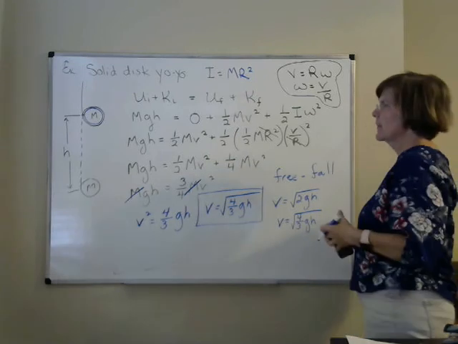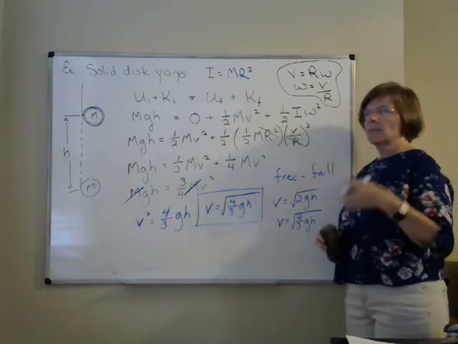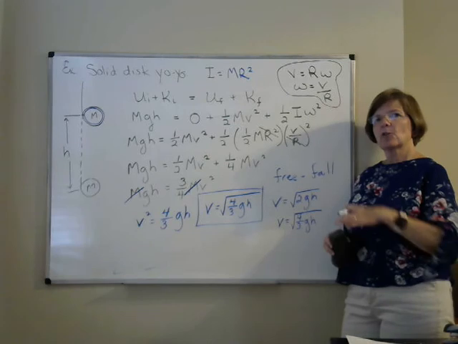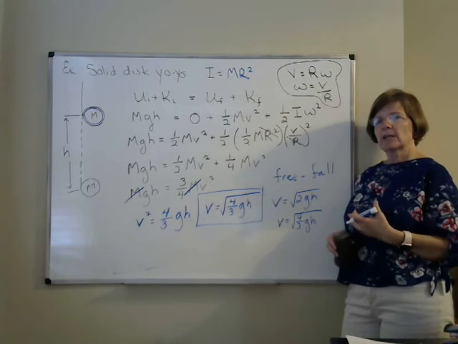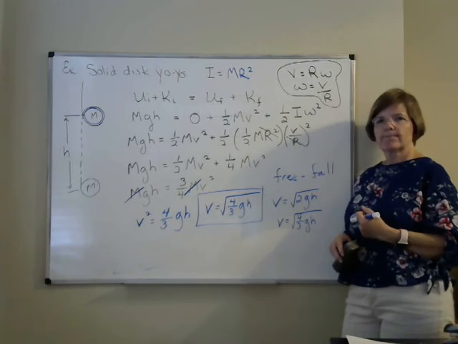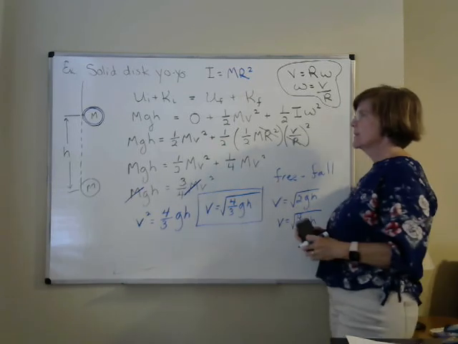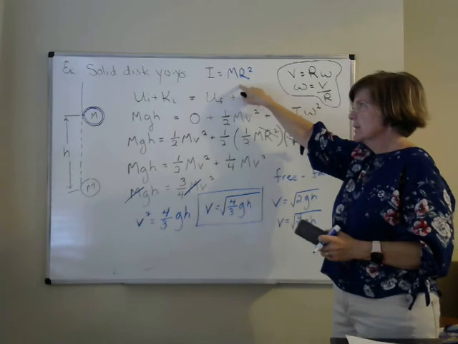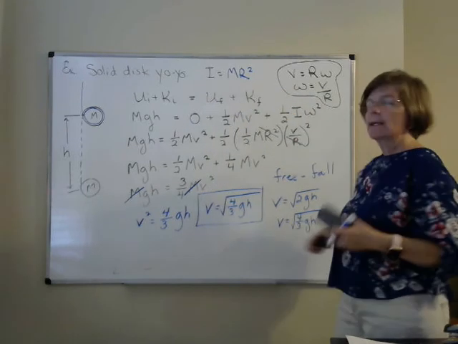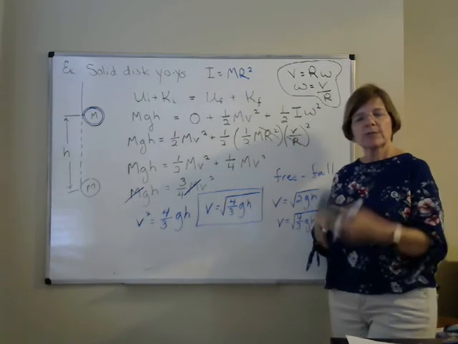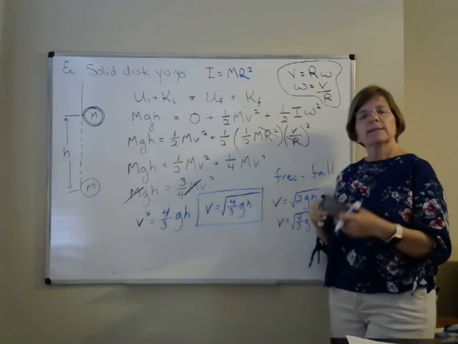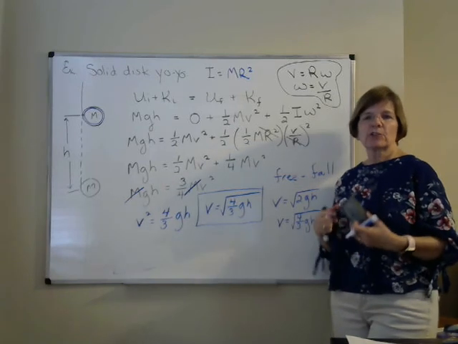Now let's stop and think. Would we expect a hollow cylinder that has a larger moment of inertia to be going faster or slower? All my instincts say that if the moment of inertia is larger, that means more kinetic energy has to go into rotating, which means less kinetic energy can go into translating.